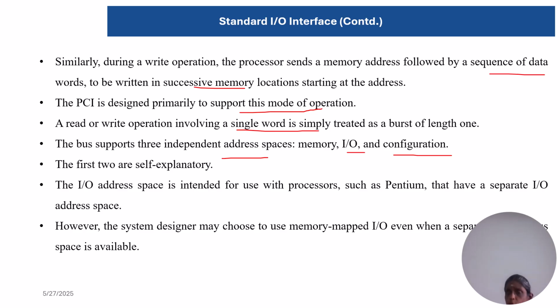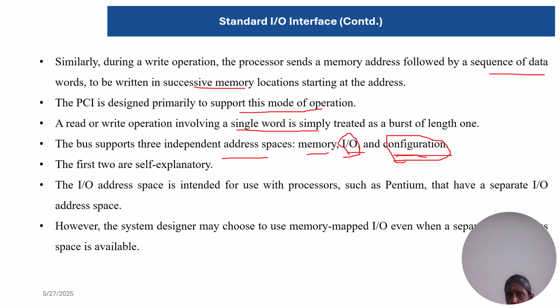The external peripheral devices are called IO devices, so the corresponding device addresses will be stored. In the same way, the main memory addresses and the configuration of the devices. Why this address for the configuration is given, I will tell you in the next slide.